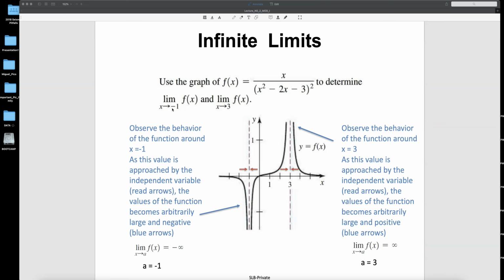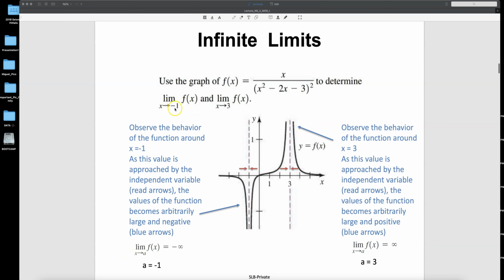First of all, the function is not defined there, and secondly, it doesn't exist because we keep getting larger and larger negative numbers as we get close to -1. In that case, from the mathematical point of view, we say that the limit of this rational function when x approaches the value of -1 is equal to -infinity.